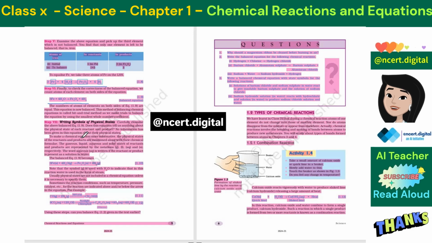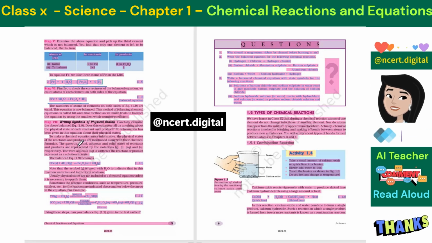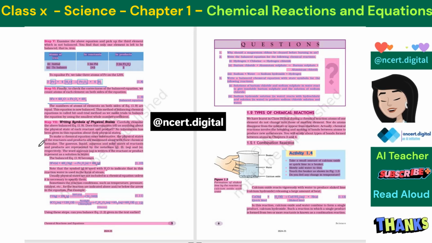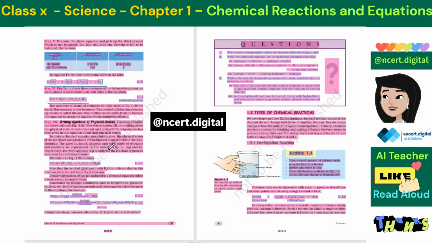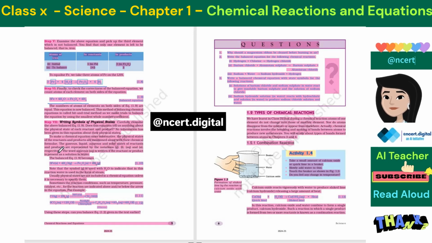To make a chemical equation more informative, the physical states of the reactants and products are mentioned along with their chemical formulae. The gaseous, liquid, aqueous and solid states of reactants and products are represented by the notations (g), (l), (aq) and (s), respectively.